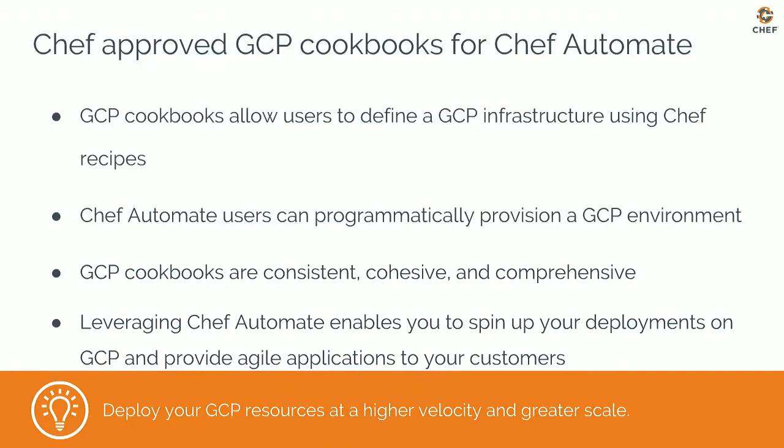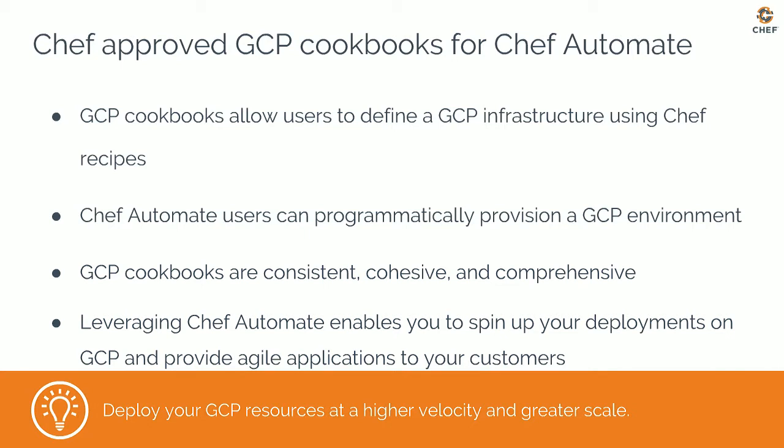So just to touch on the approval process and our Chef Partner Cookbook program, we have some Chef Cookbooks that go through rigorous best practices. We have walked the GCP Cookbooks through this same process and badged them on our supermarket, which we can link at the end of this presentation so everyone can see it.